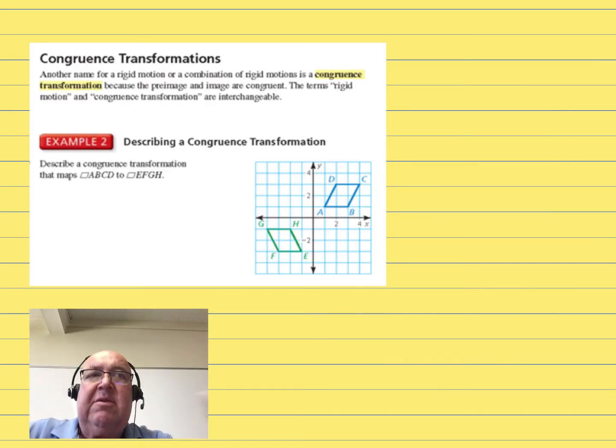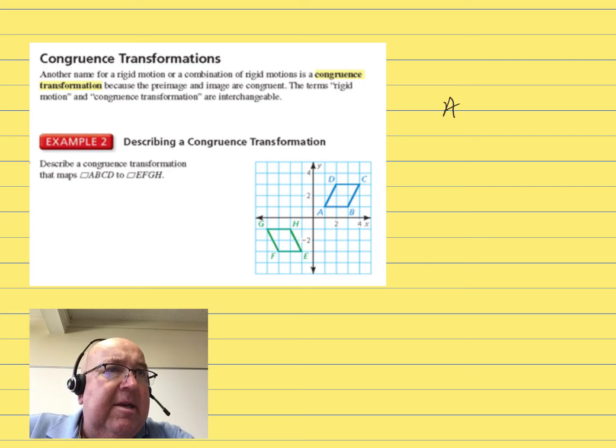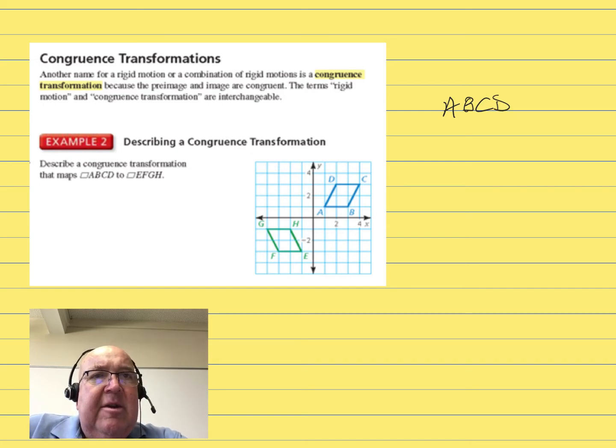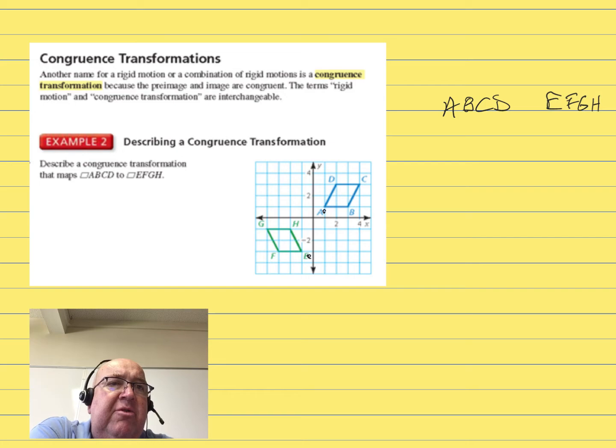Okay, so we want to decide how ABCD was moved to EFGH. So notice that A is here and E is here. So we need those two, after one move, to end up in the same places.